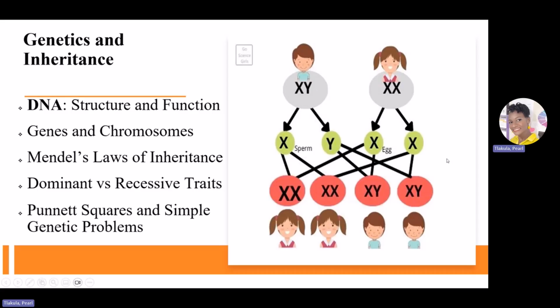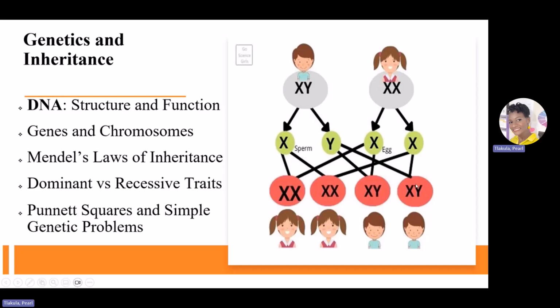For an example, in this graph here, the dominant male gene here on the first baby was the X, and then that is why the X and the X combined and they produce a female, a girl. So for an example, on the last one, you see the Y chromosome and the X combined, and then it produced the male.